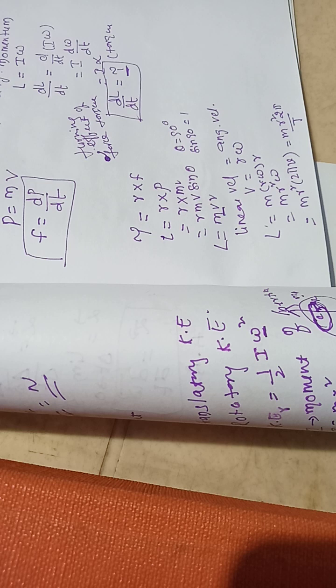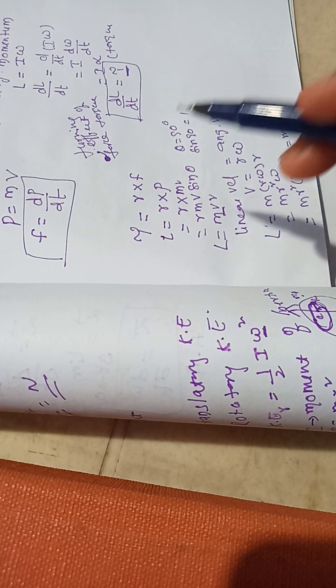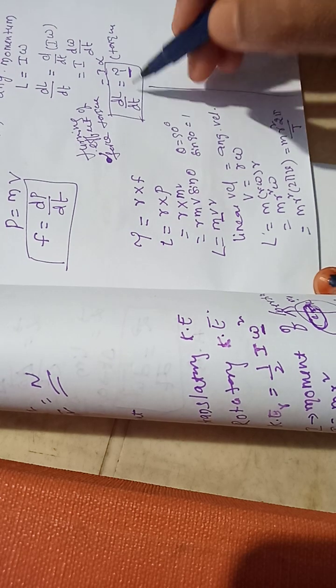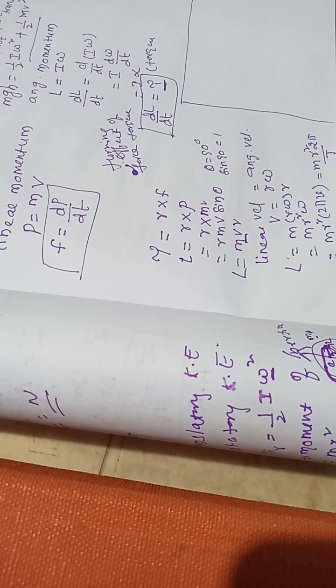Now next, up to here we completed linear momentum, angular momentum, torque. Now next, I defined oscillations. I said frequency. I defined frequency as the number of oscillations taking place per unit time or per second.